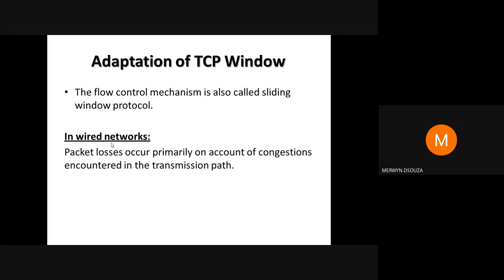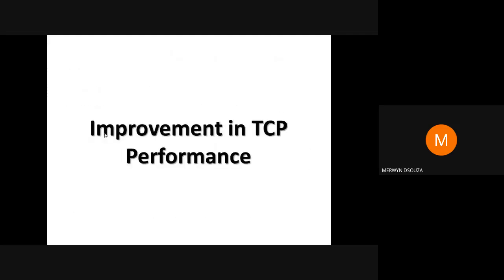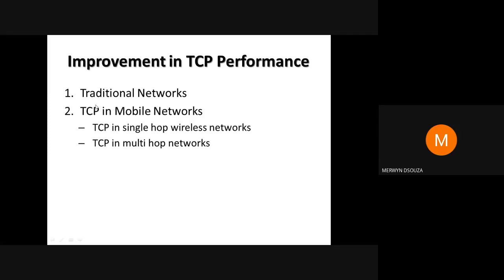You may have already studied this method previously, so we'll just revise it. In order to improve the TCP performance in case congestion has happened, first we'll see how that happens in traditional networks, that is, your fixed networks.